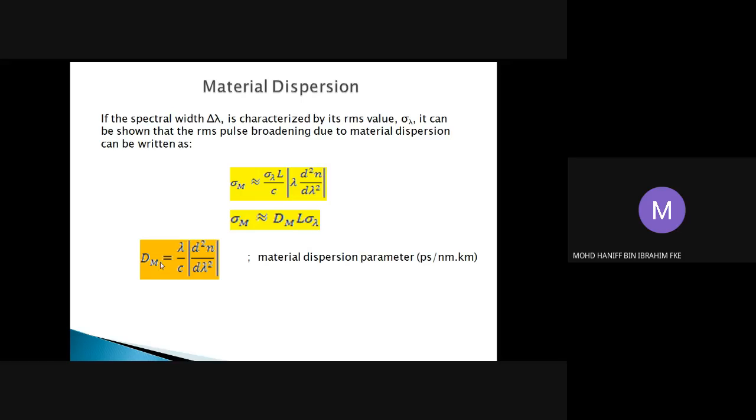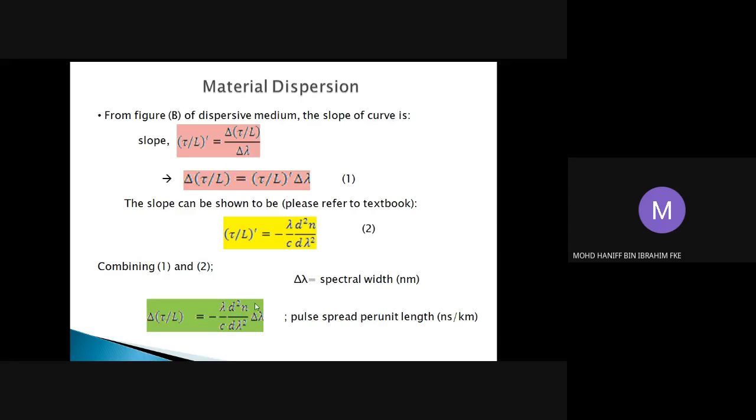So Dm equals lambda over c, d squared n over d lambda squared. If we compare this equation for the RMS case with the equation for the non-overlapping assumption, basically it's the same equation.